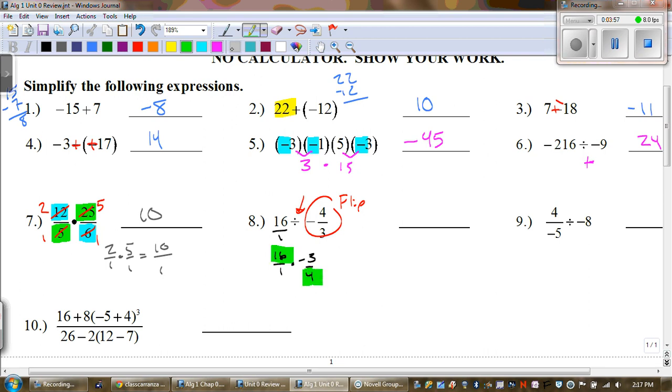Let's look at our corners to see if we can reduce anything. We can reduce the 16 and 4. Divide those by 4. Rewrite it. We get 4 over 1 times negative 3 over 1, which is negative 12 over 1, which is just negative 12.